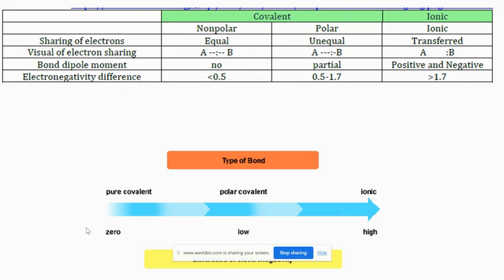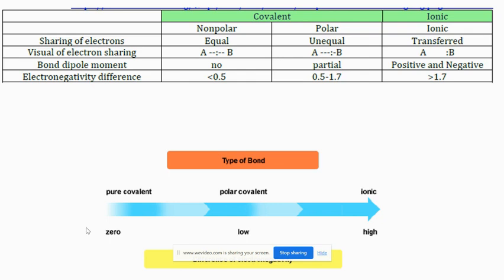Now, there are some people that actually feel that the only true non-polar bond is one that is the diatomic elements, where the electronegativity is equal. But typically for AP, the cutoff is around 0.4 or 0.5 for the differences.